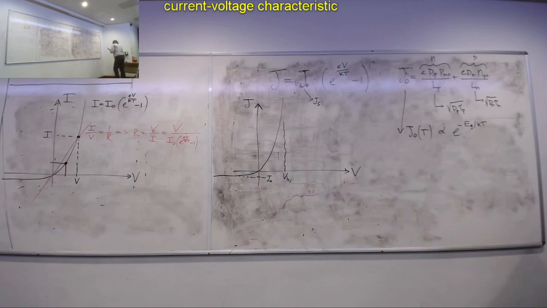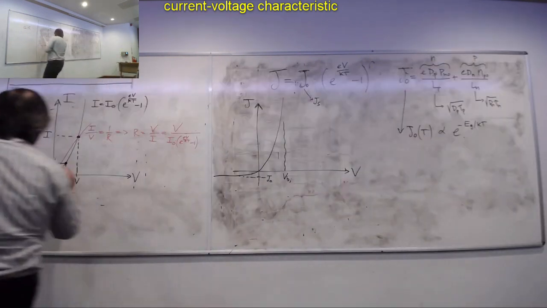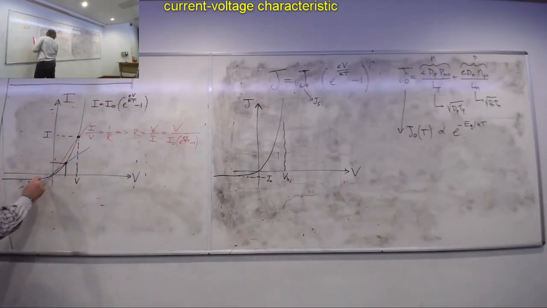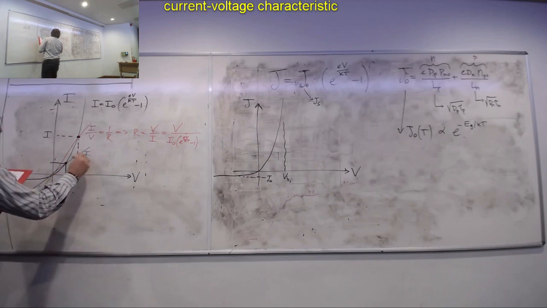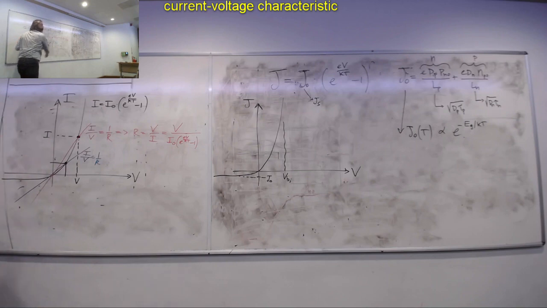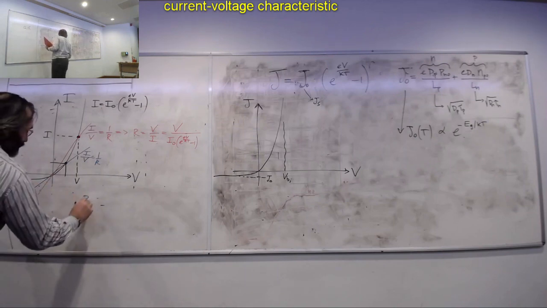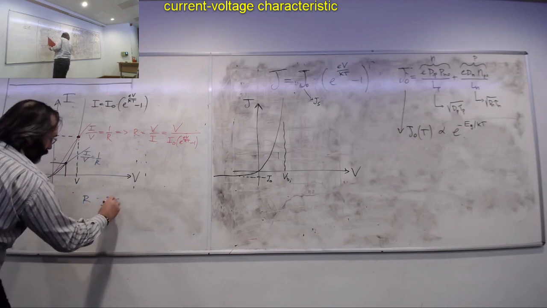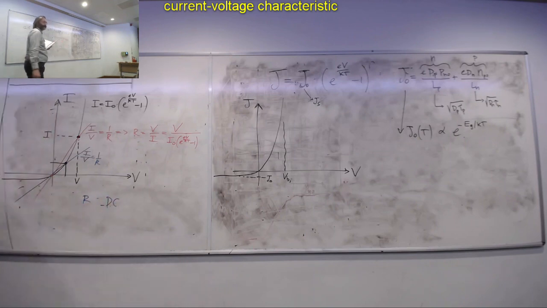Unfortunately, I don't have millions of colors, but I can do this. Another resistor. So we can see that as we move this point, be careful, these are all DC values. So this resistance that we're talking about is a direct current resistance.